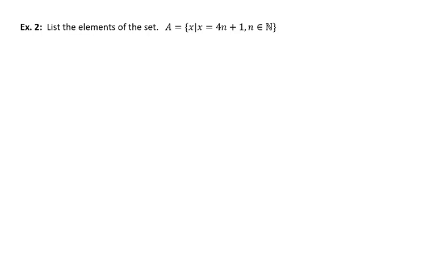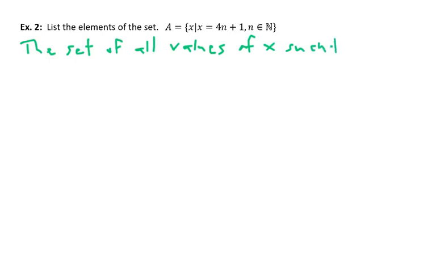So in the set builder notation, this would be the set of all values of x, and that vertical line then again means such that x is given by a formula 4n plus 1, where the n is a natural number.